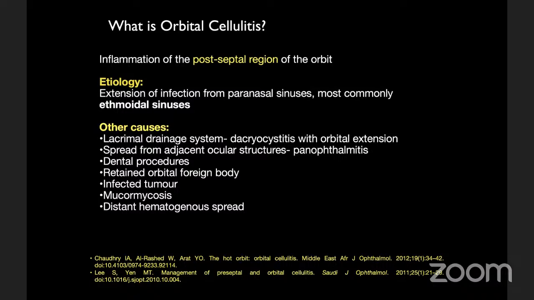Infected tumor: most commonly in an infected tumor scenario, we would see something called pseudo-orbital cellulitis because it is not purely an infective source, but nonetheless that can be possible. Of course, in mucormycosis or the black fungus infection, and from any distant hematogenous spread of an infective focus, which can reach the orbit and cause orbital cellulitis. So overall, these are broadly some of the causes of orbital cellulitis.